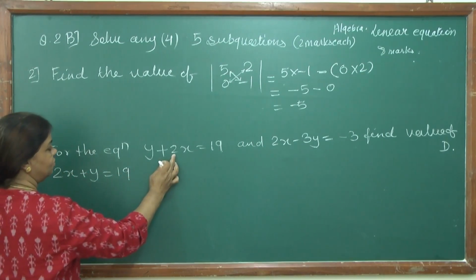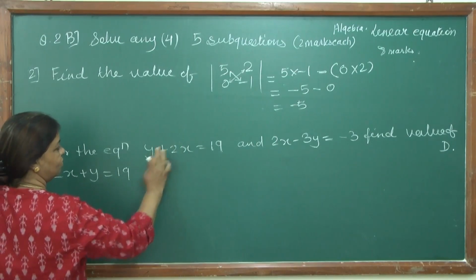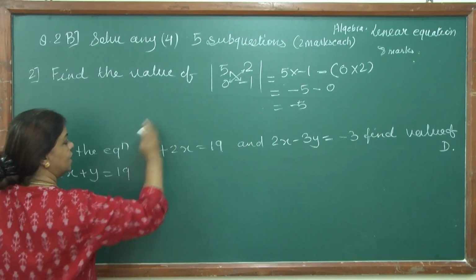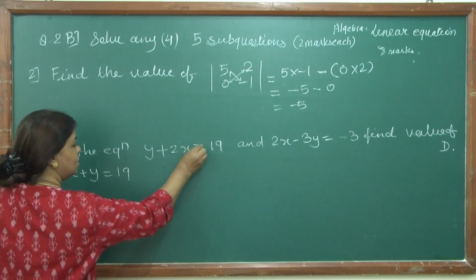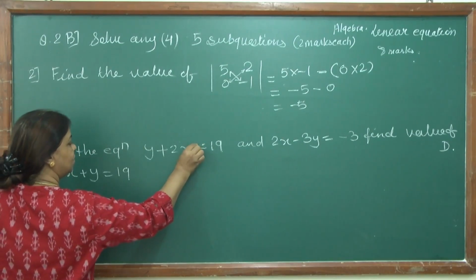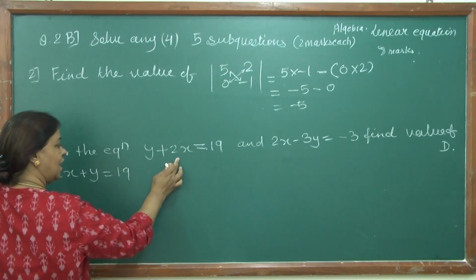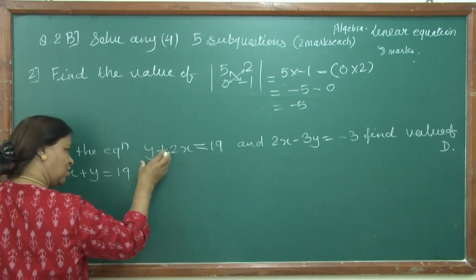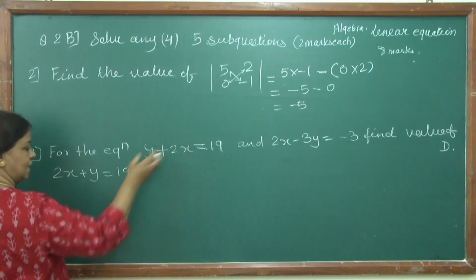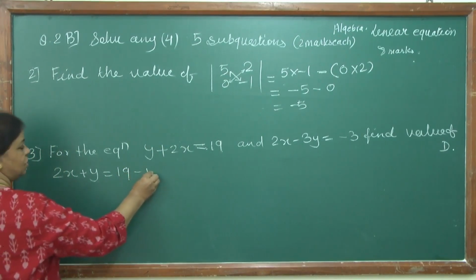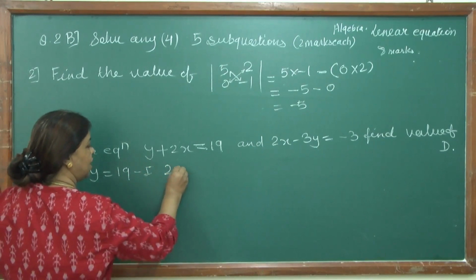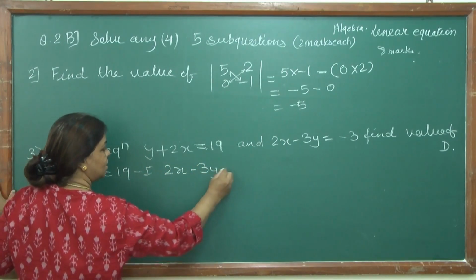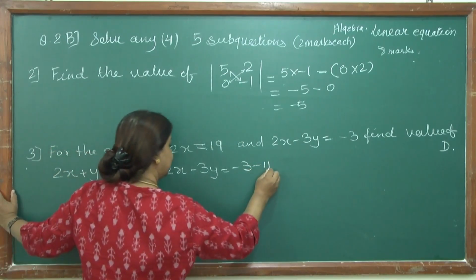See children, we are shifting only its place. We are not shifting this y to the other side. They are on the same side, not changing the side. So this is your first equation, and 2x minus 3y is equal to minus 3 is your second equation.